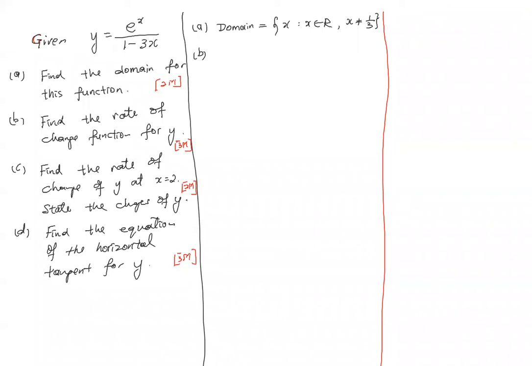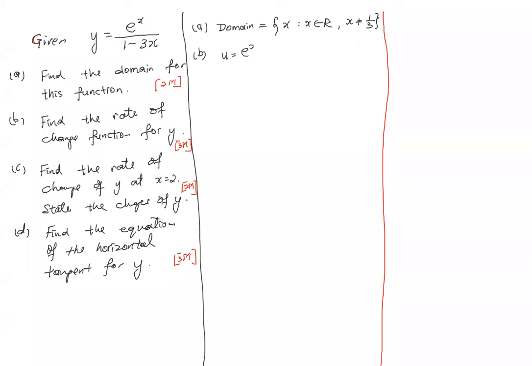Part B. Ian, Ayman? Yeah, use the quotient rule. You want to give me straight away or you want to write down step by step? Step by step. Okay, so what is your u? e to the power of x.